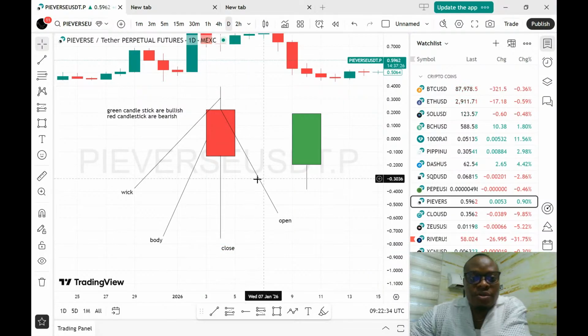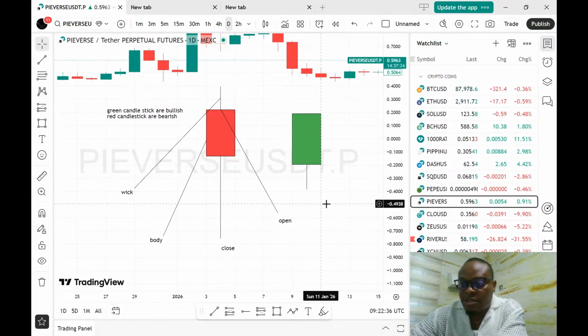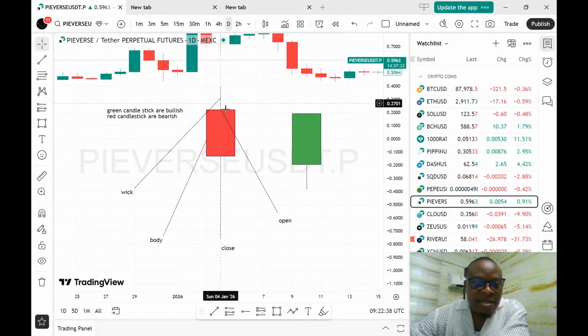Are you getting me? So this is how to label a candlestick. This is the wick. This is the body. Everywhere painted red is the body. Then this ending part is the close, while the beginning closer to the wick is the open.